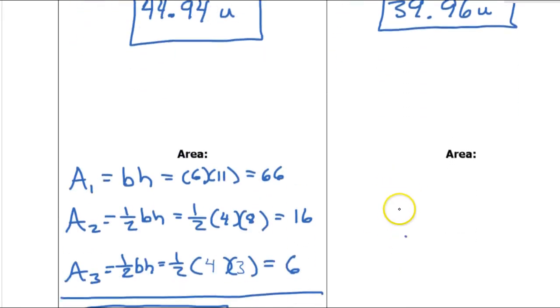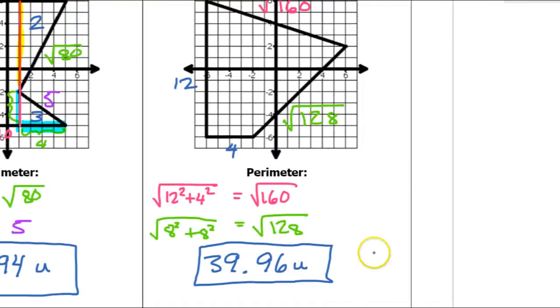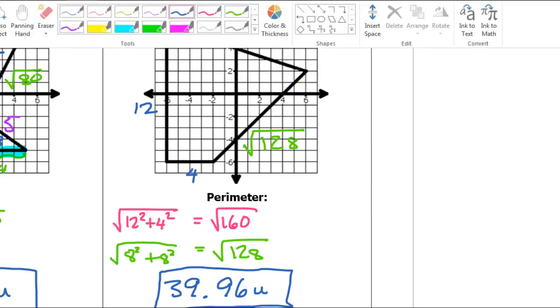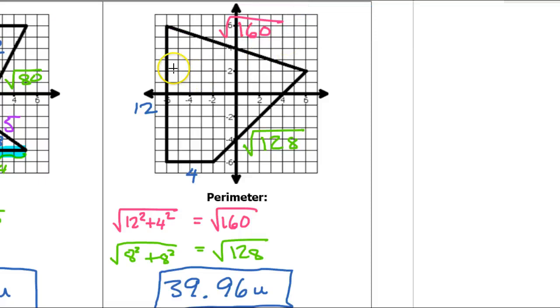Okay, so now we need to find the area of this shape. Now you have choices about exactly how you're going to split this up. I'm trying to think it through. Here are some of the things that I'm thinking about doing.